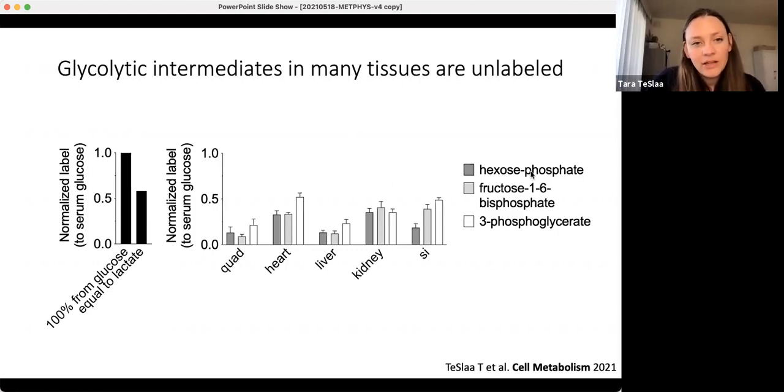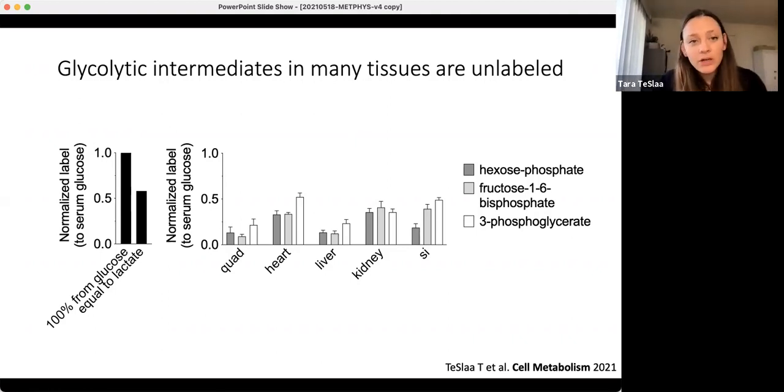But when we look at glycolytic intermediates, and here I'm showing 3 glycolytic intermediates at upper, mid, and lower glycolysis, what we were surprised to see is that the labeling is quite low. And so the first reaction we had to this data was we wanted to make sure this wasn't an artifact.